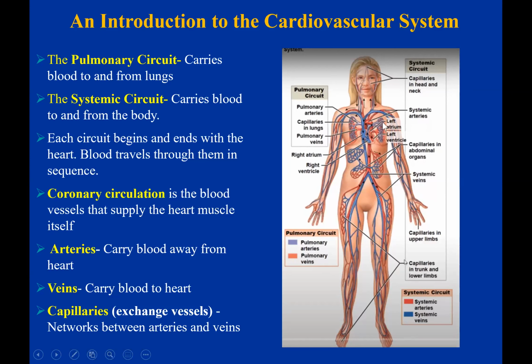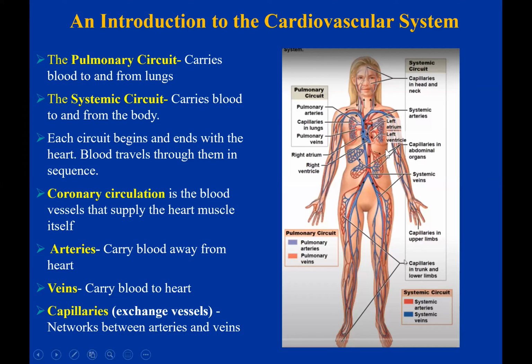It pumps the blood to the lungs to pick up oxygen and get rid of carbon dioxide. The systemic circuit, system meaning the rest of your body, your head, your arms, your legs, your torso, carries blood to and from the rest of your body.